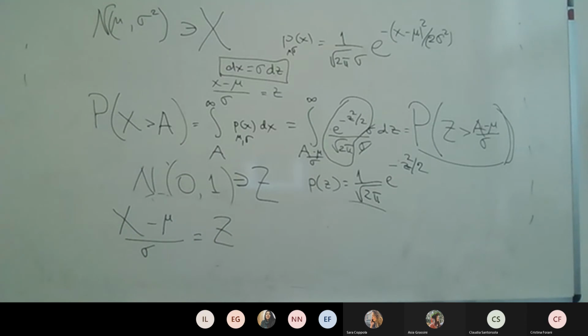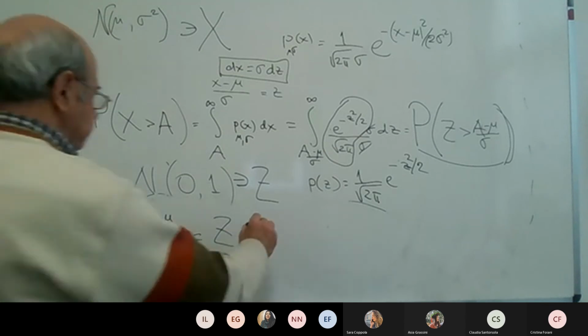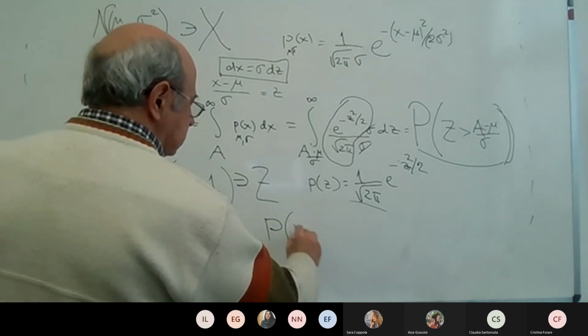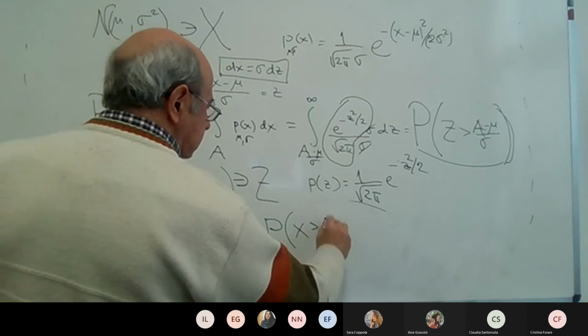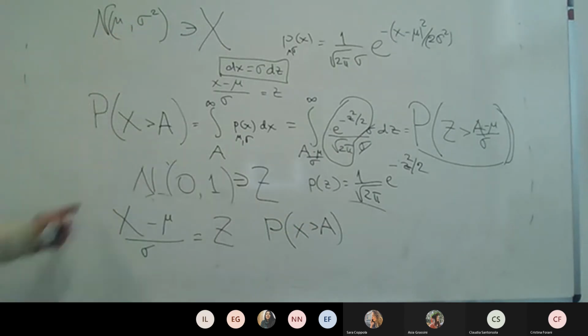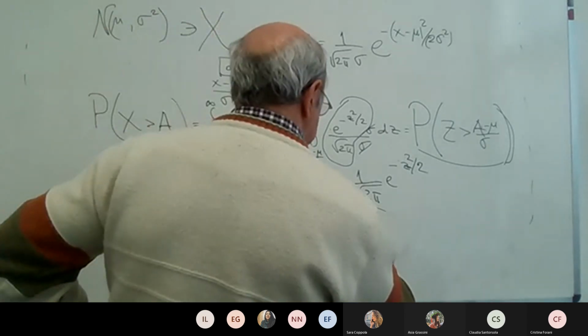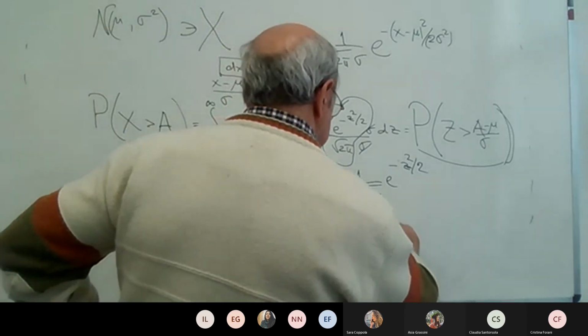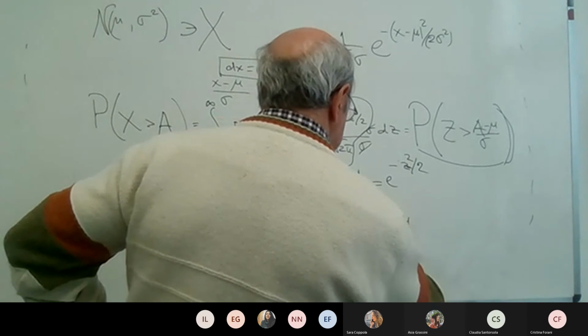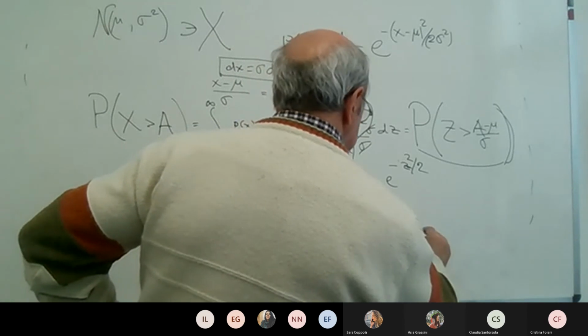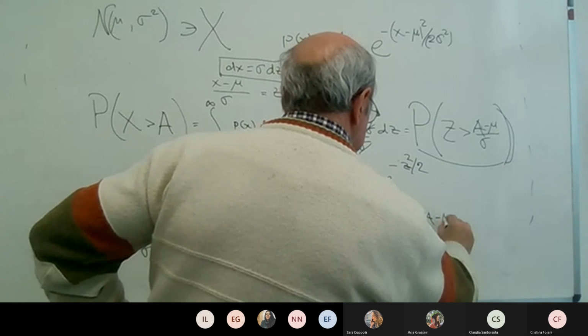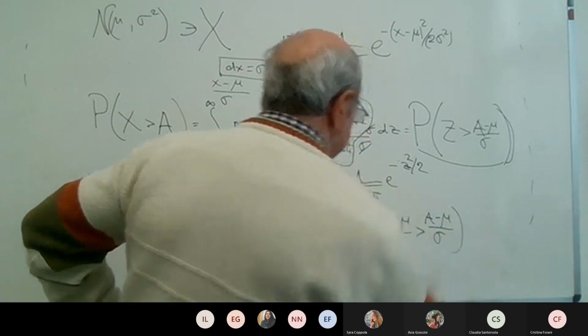So this means when you take the probability that X is bigger than A, this is equivalent to saying the probability of X minus mu divided by sigma is bigger than A minus mu divided by sigma.